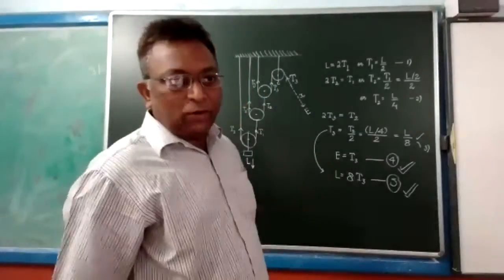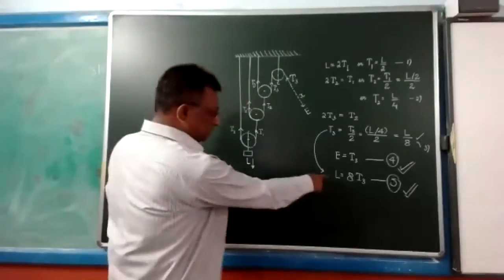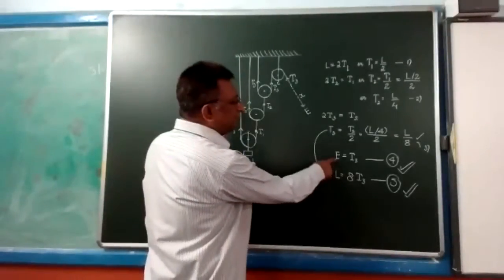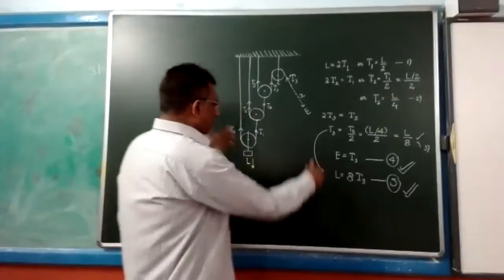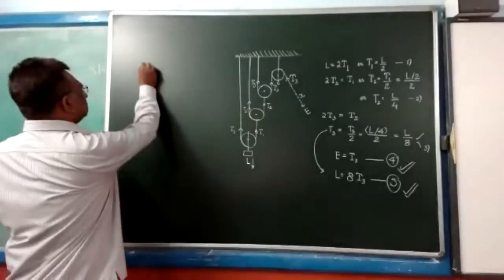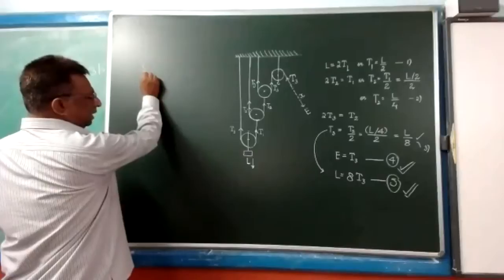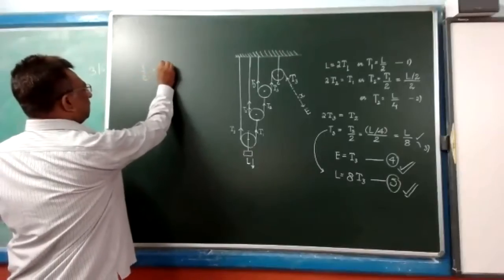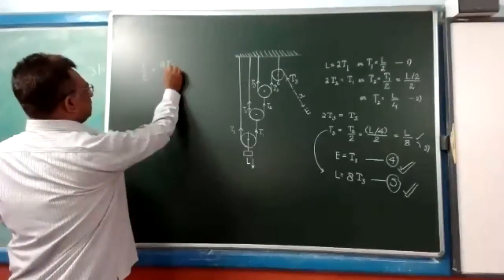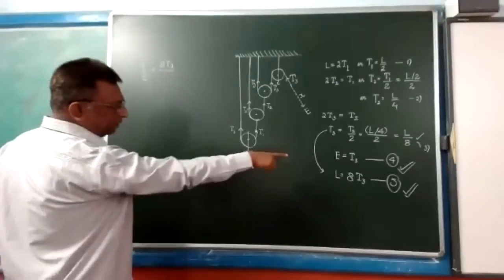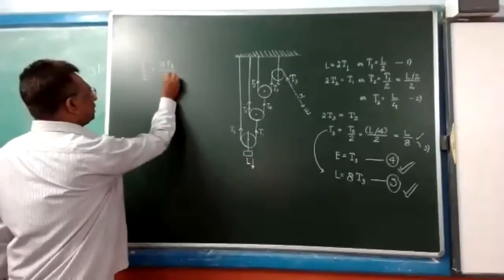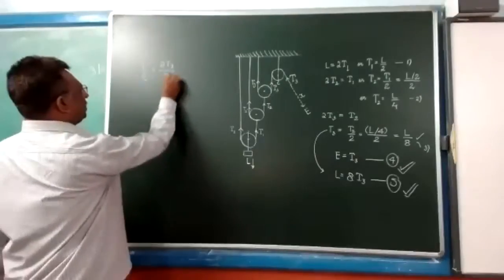Now we can find the value of mechanical advantage. Equation number 5 divided by equation number 4. What is the result? L by E is equal to 8T3 divided by T3, so it is cancelled.